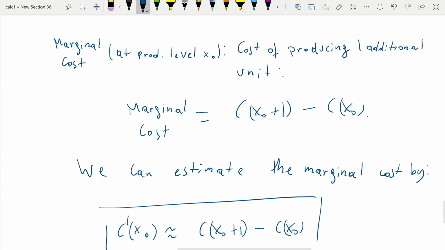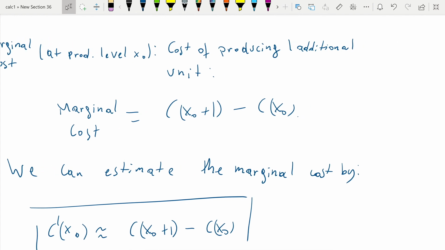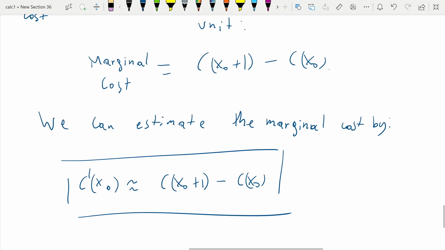Okay, so again, going back to the marginal cost, it is the cost of producing one additional unit at production level x naught. Of course, if you think of producing one additional donut, say if we have already produced 100, the cost of the additional one is the cost of producing 101 minus the cost of producing 100. So this need not be constant. And the idea here is that usually the marginal costs are decreasing, at least in certain ranges.